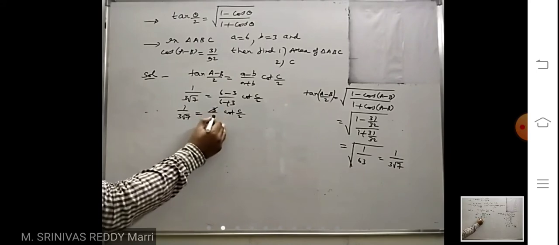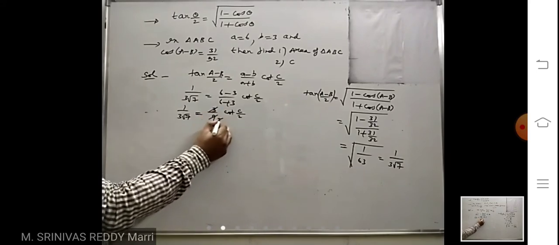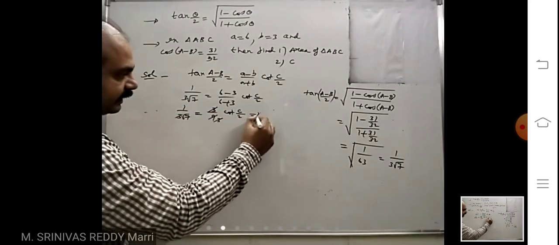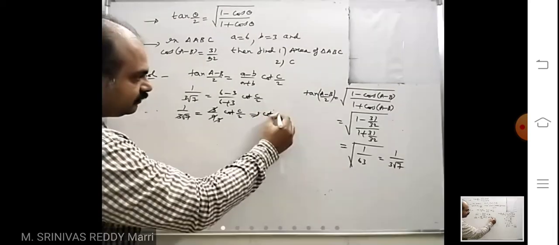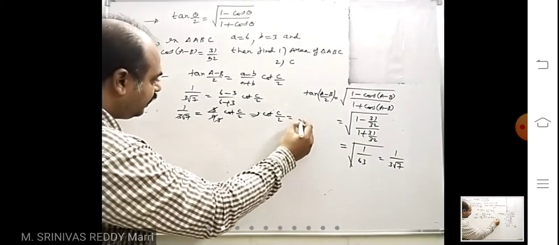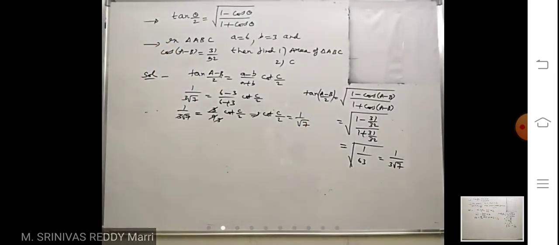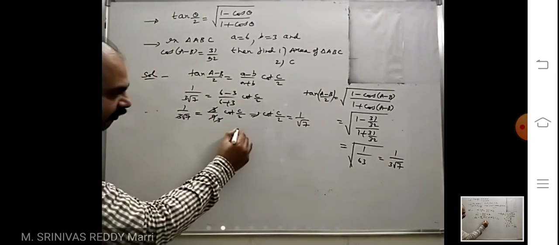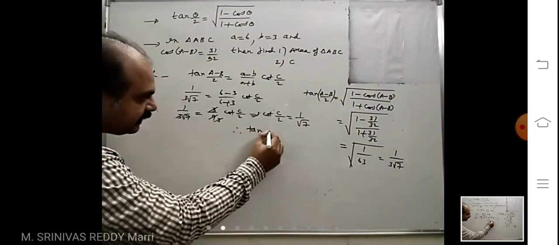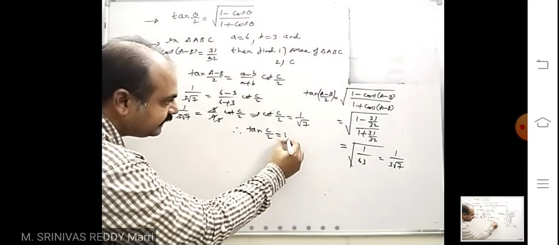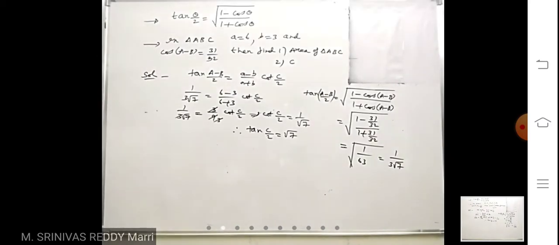Now if you look here, 3 ones, 3 threes, and the 3 gets cancelled. That implies I got cot C by 2 is nothing but 1 by root 7. Therefore, I can calculate tan C by 2. Tan C by 2 is nothing but root 7.